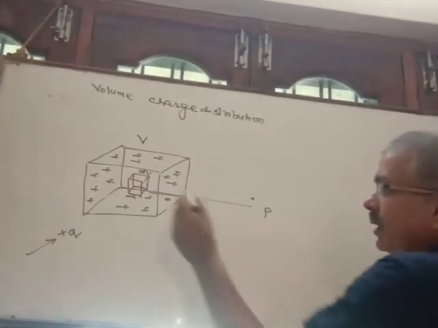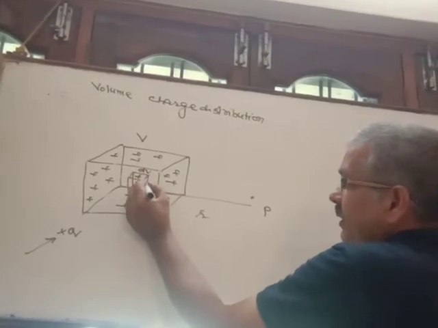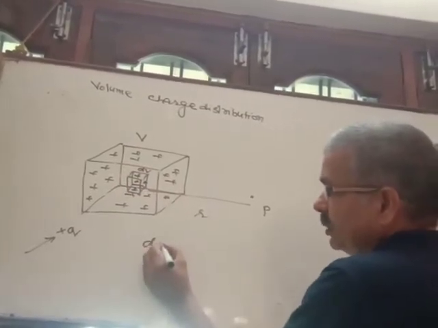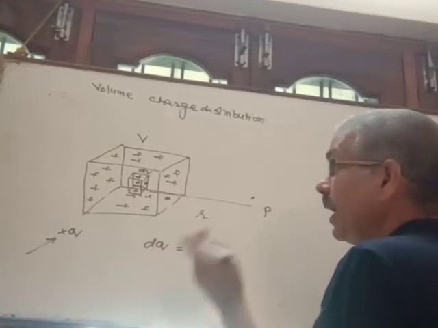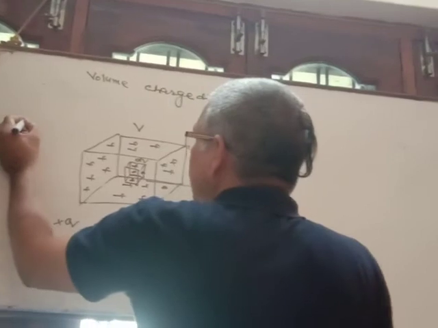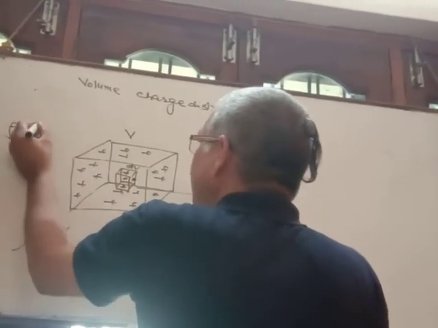So what is the amount of charge present in this particular segment? Suppose it is dq is equal to volume charge density. Suppose the volume charge density is rho is equal to total charge upon volume.